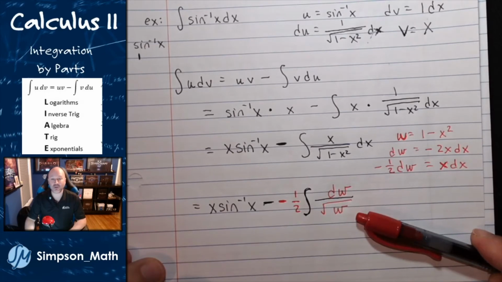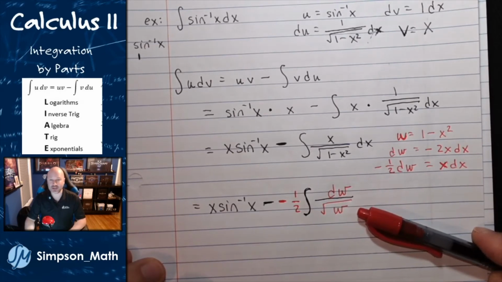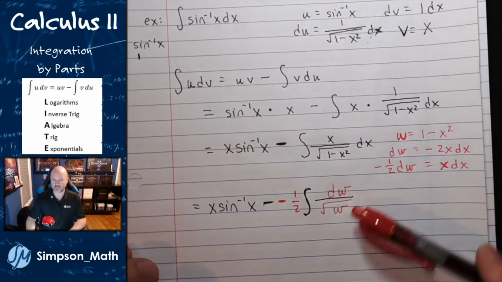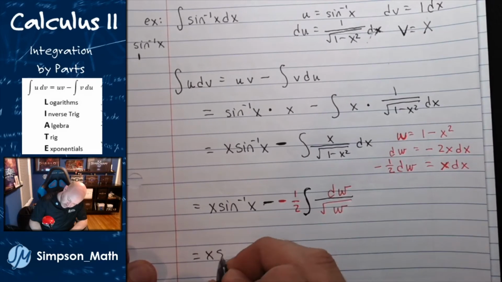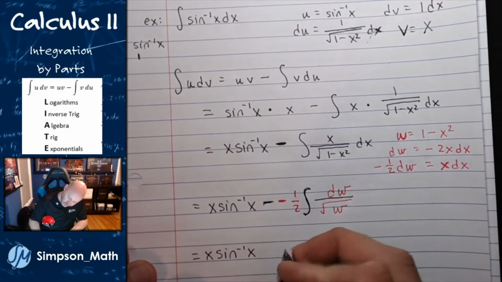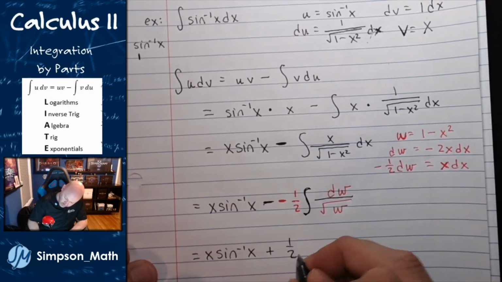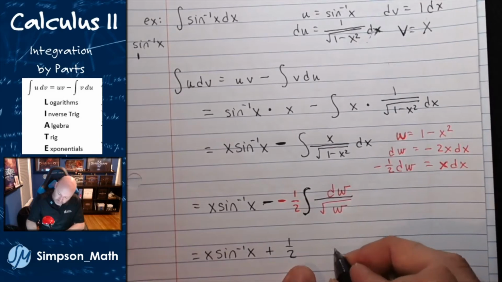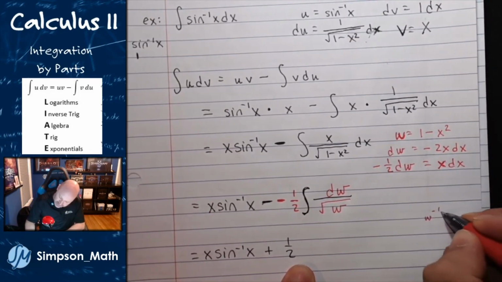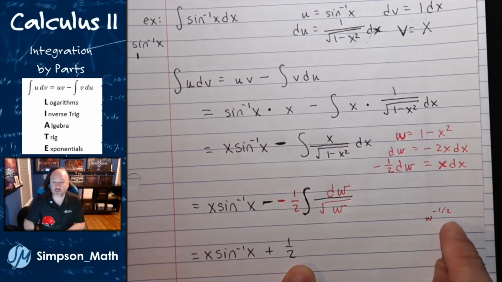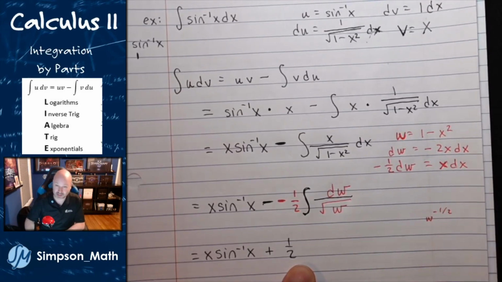This is w being raised to a negative 1/2 power. So then I can apply the power rule for integration. If that's w to a negative 1/2, then I'm going to raise the power by 1, making it a positive 1/2.